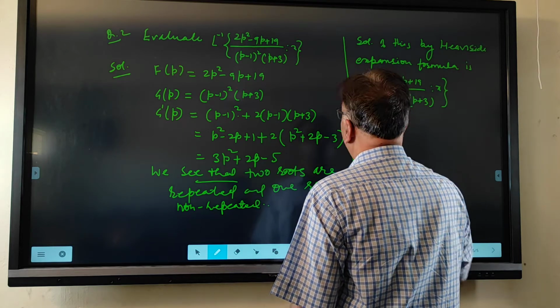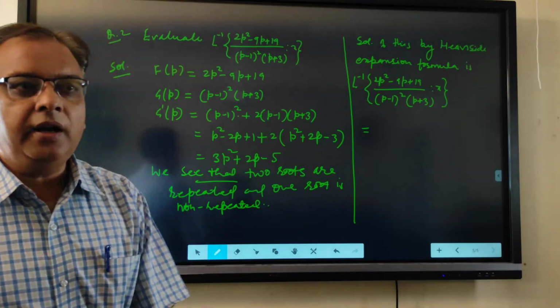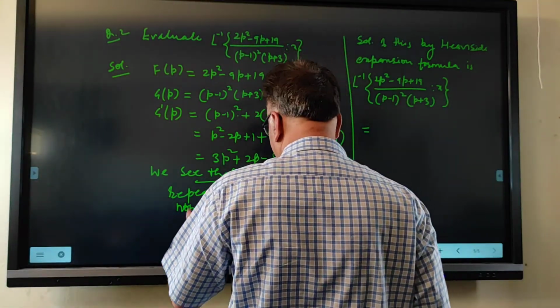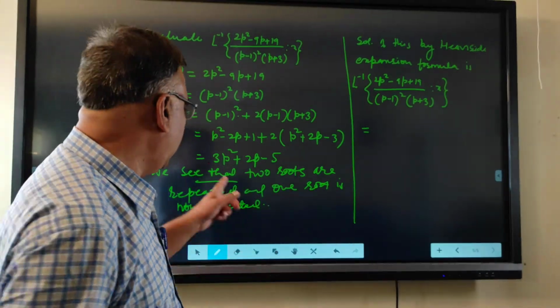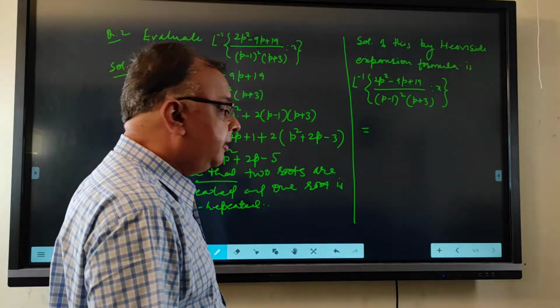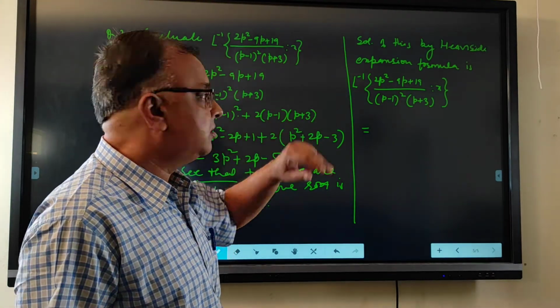One root is non-repeated and the other roots are repeated. Let the repeated root be alpha, with value 1, and the non-repeated root is minus 3.